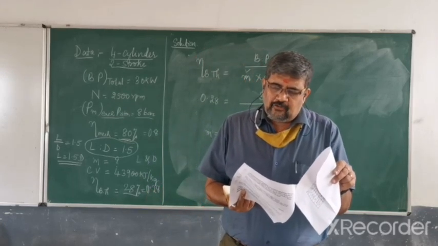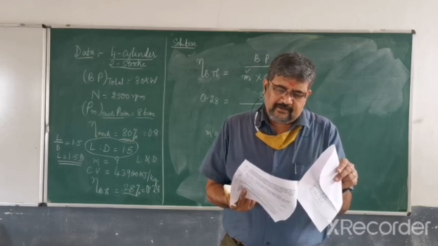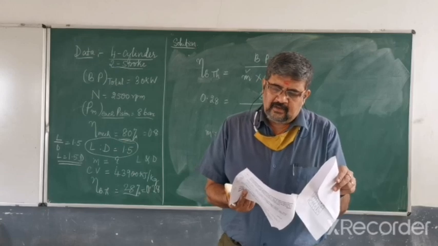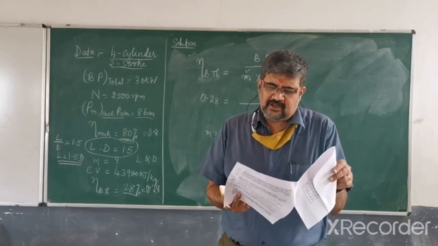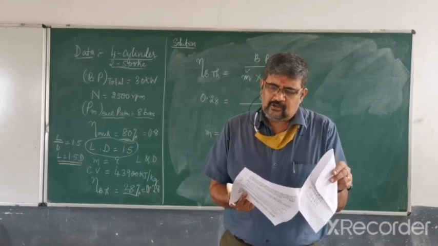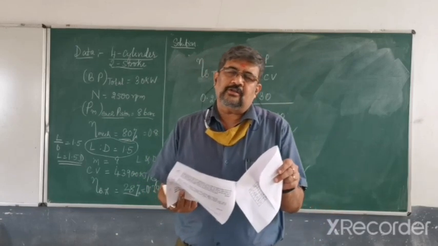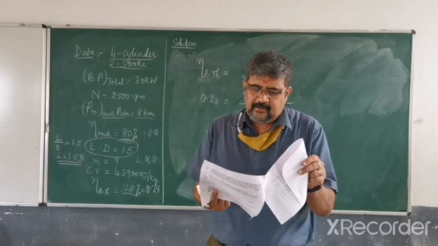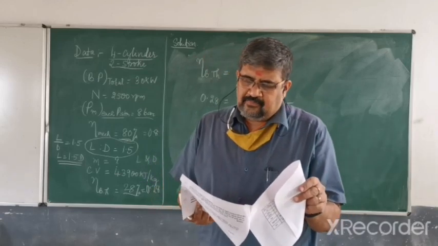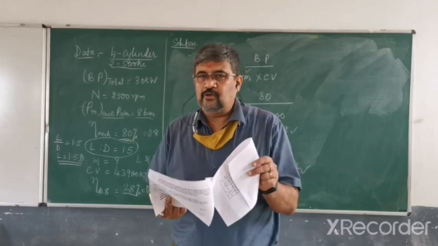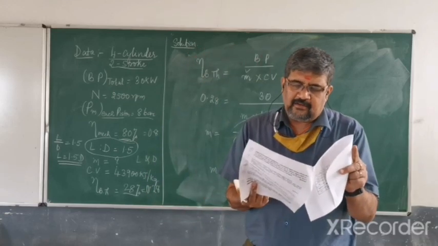It has a piston diameter of 250 mm, stroke of 400 mm, mean effective pressure is 4 bar, speed is 500 rpm, and the brake drum diameter is 1000 mm, which is nothing but 1 meter, and the effective brake load is 4000 newtons. Directly they have given the value of brake load. So W minus S is given in terms of Newton only. So take it directly as 4000 newtons.